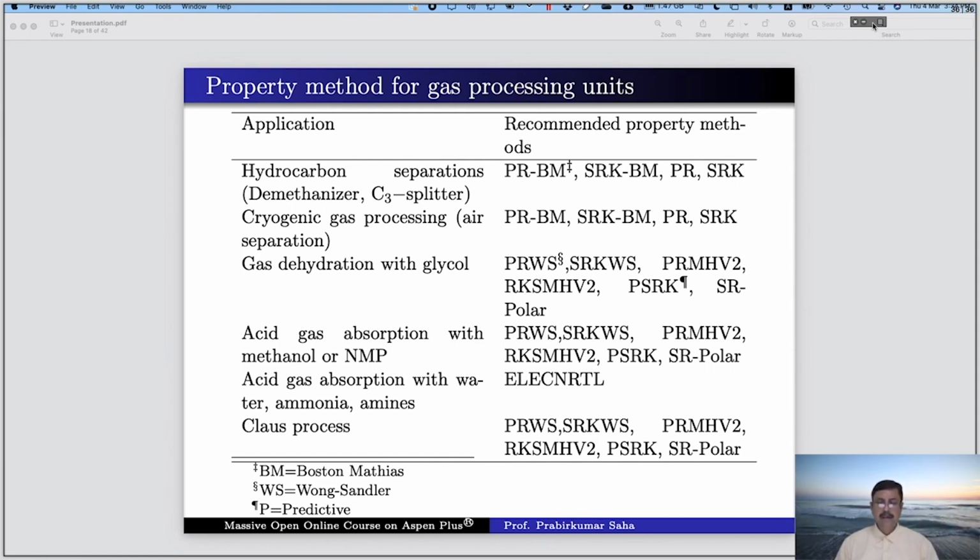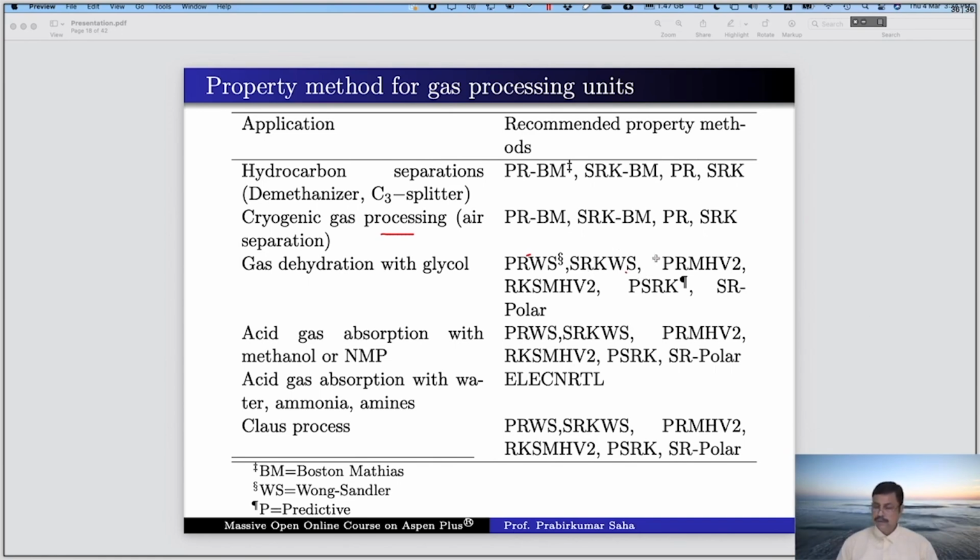The same kind of property methods can be used for cryogenic gas processing, for air separation. If you have gas dehydration with glycol application, then you can use the Peng-Robinson-Wong-Sandler method or the Soave-Redlich-Kwong-Wong-Sandler method.